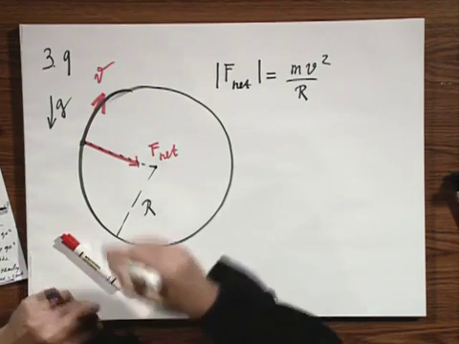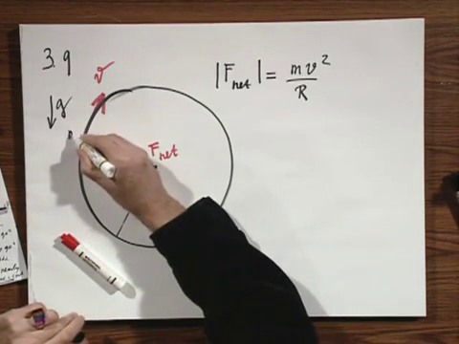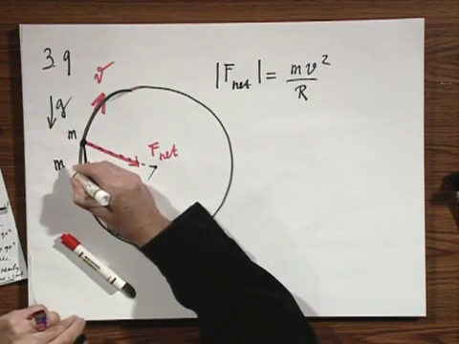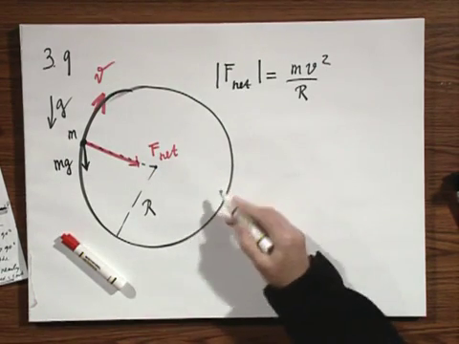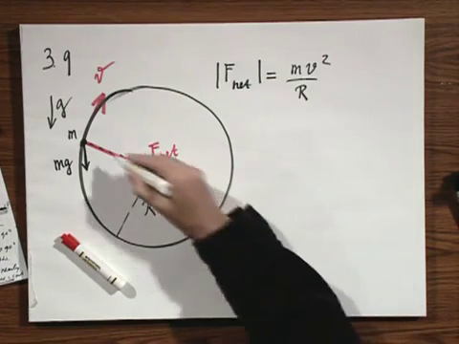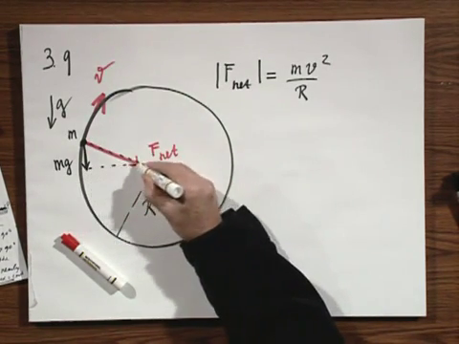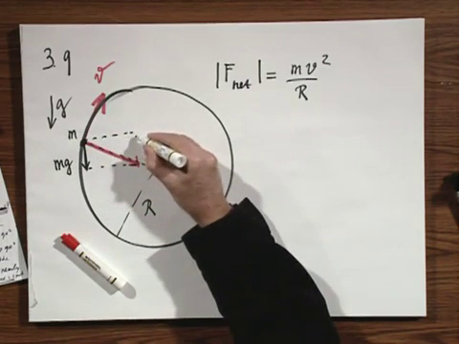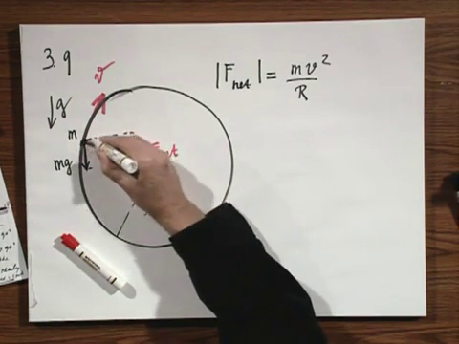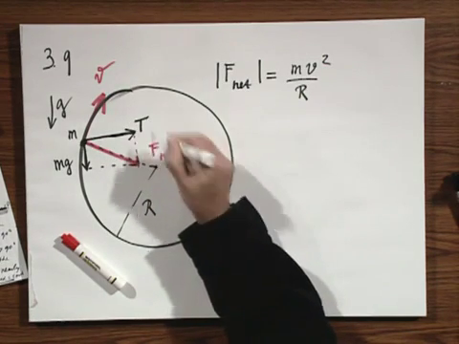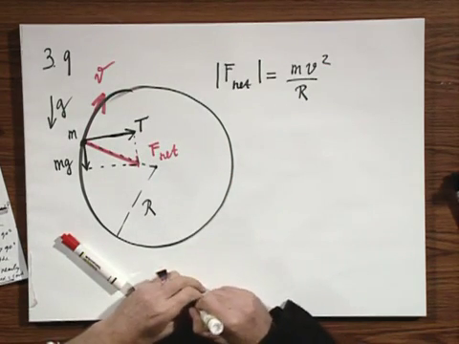But remember, this object m has a mass, and so there is a force mg here. And in order for the net force to be this force, there must be another force acting on this object in this direction, and I call that the tension in the string.